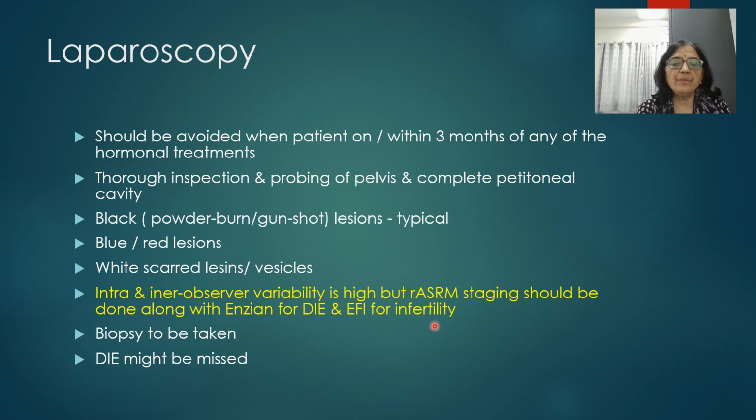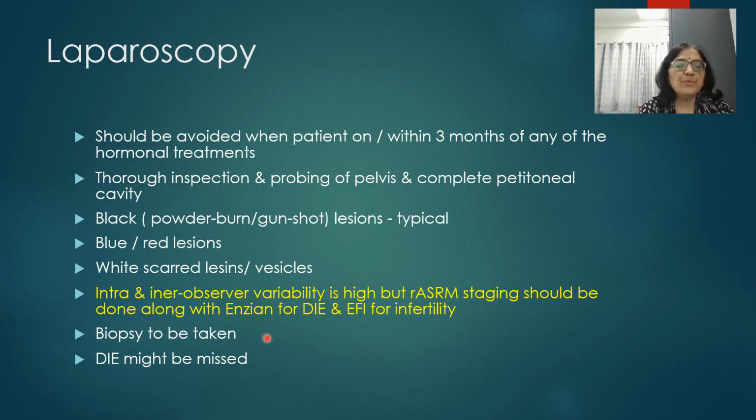In every patient of infertility with endometriosis, whenever a surgeon is operating, one has to do RASRM staging. For deep infiltrating endometriosis, Enzian classification is mandatory, and if the patient is keen on conception and has infertility, EFI documentation is also mandatory.